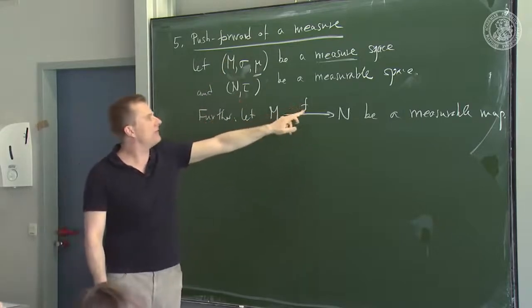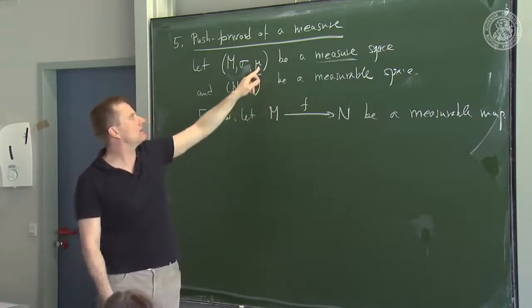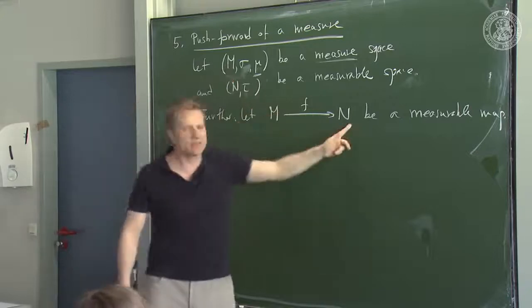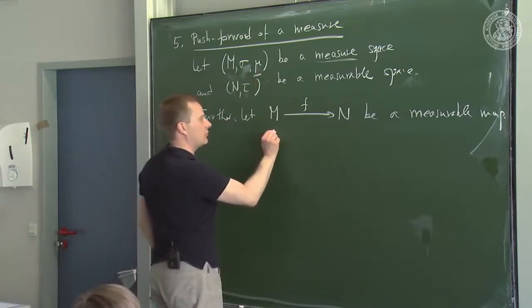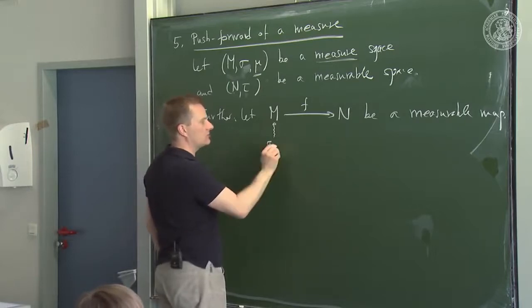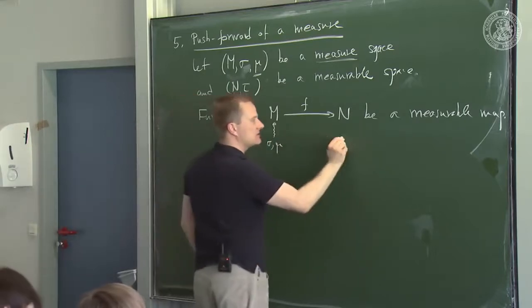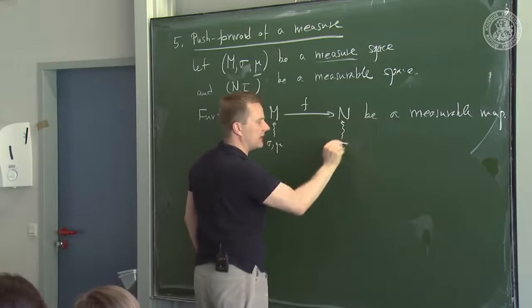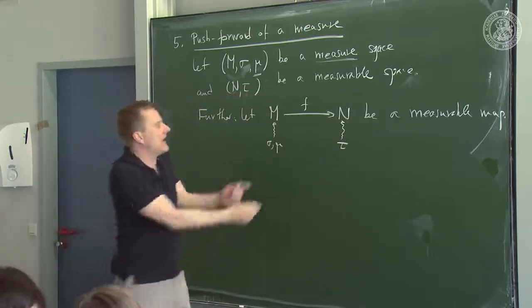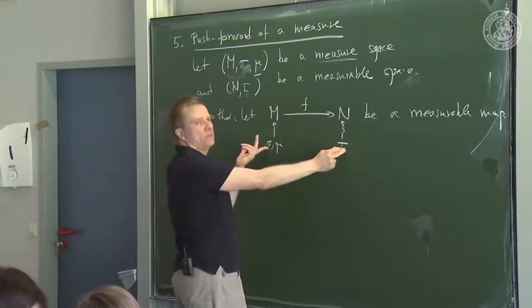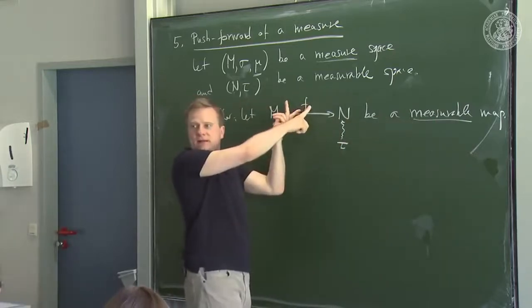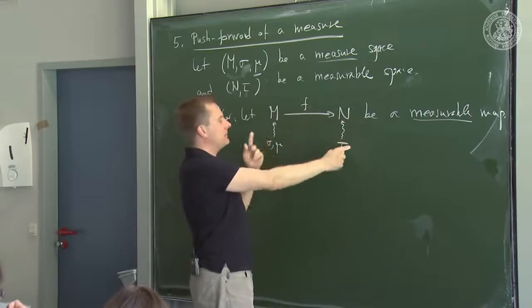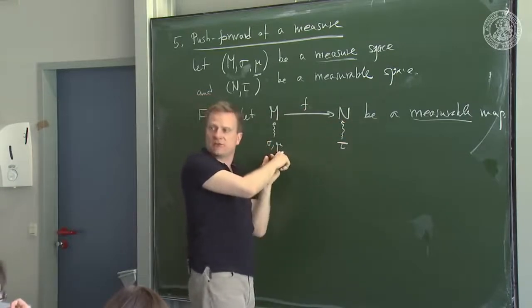Could F take this one on its shoulders and carry it from here to here? Could I push forward? So this is equipped with a sigma algebra and a measure. This is only equipped with a sigma algebra, which I called τ. Well, I need to have this already being equipped with a sigma algebra because otherwise I couldn't talk about this being a measurable map, right? Because a measurable map uses the sigma algebras, but not the measure.